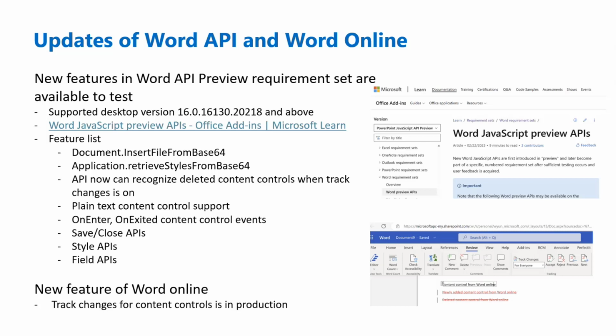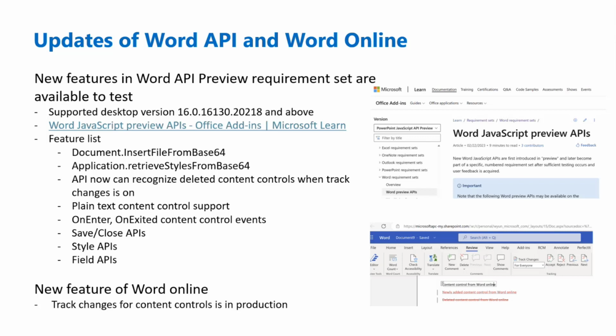Of course, you will need to use the beta CDNs in order to test the preview requirement set. There are several features here. Last time I went through some of these, but I can do a quick run through of these items. We have some updates for insert file from base 64, which I will show in a demo later on.